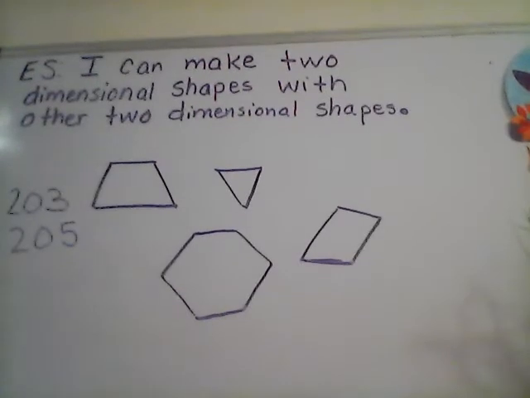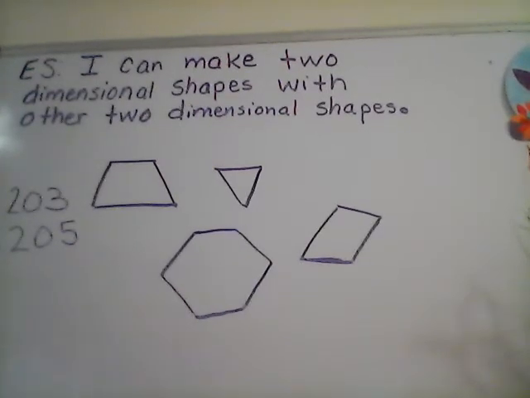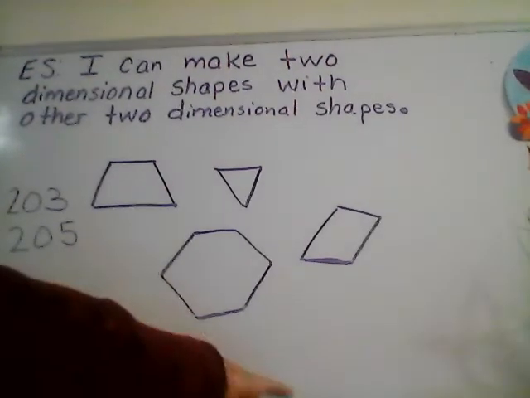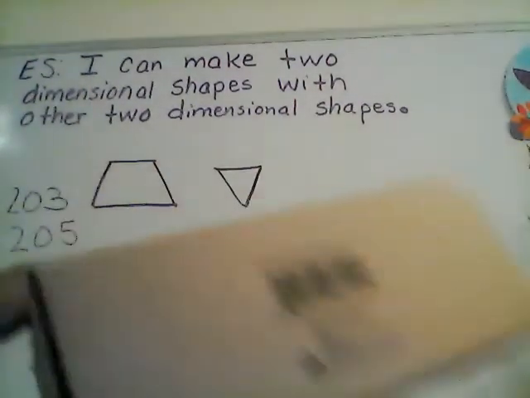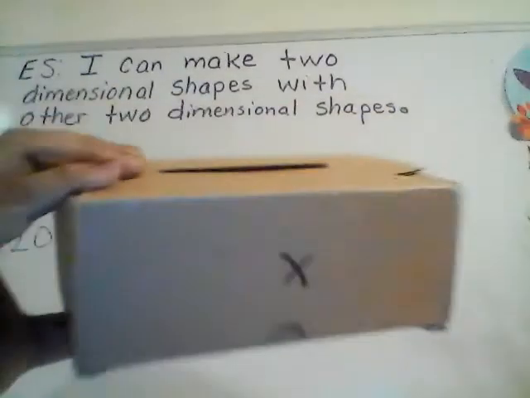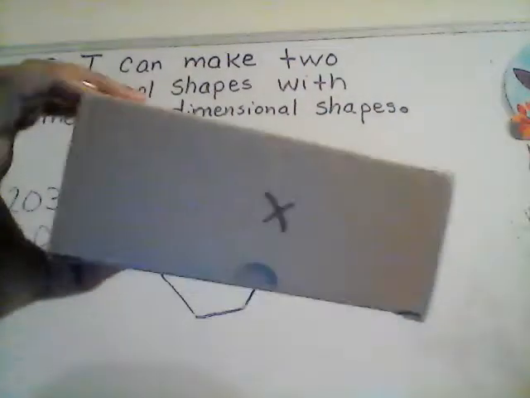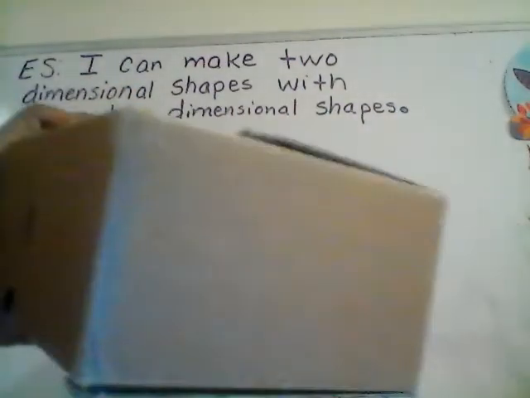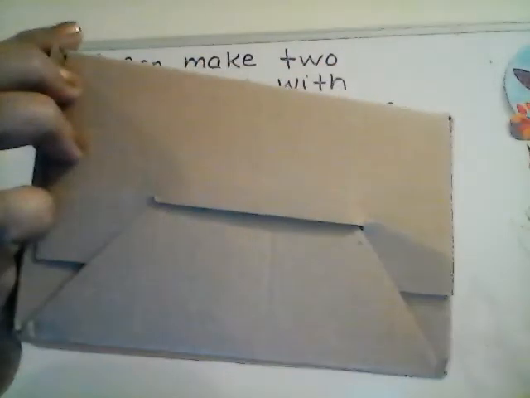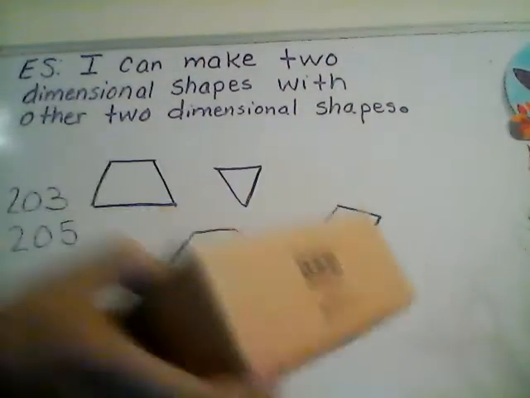Another shape that we talked about yesterday is this one. Do you remember what the name of this one is? That's called a rectangular prism. Say rectangular prism.